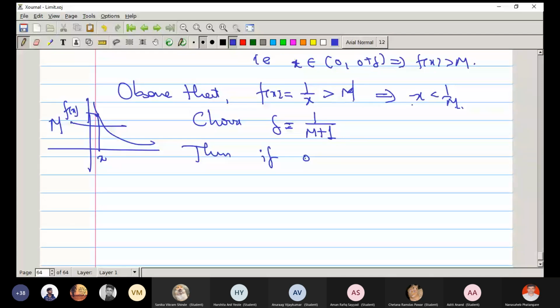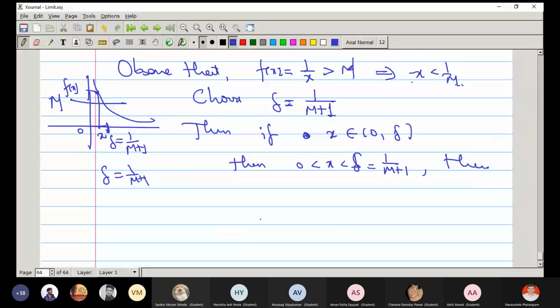Then if x is in 0 to 0 plus delta, means x is in 0 to delta, with delta equal to 1 upon M plus 1, then 0 is less than x less than delta, that means x is less than 1 upon M plus 1.